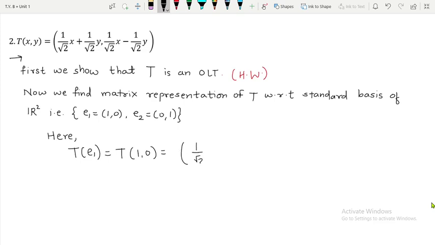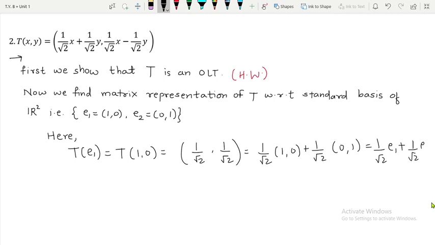So it will be 1 upon root 2 and here 1 upon root 2, which can be written as 1 upon root 2 times (1, 0) plus 1 upon root 2 times (0, 1), which is equal to 1 upon root 2 e1 plus 1 upon root 2 e2. That was easy, right? This is easy because we are dealing with the standard basis.